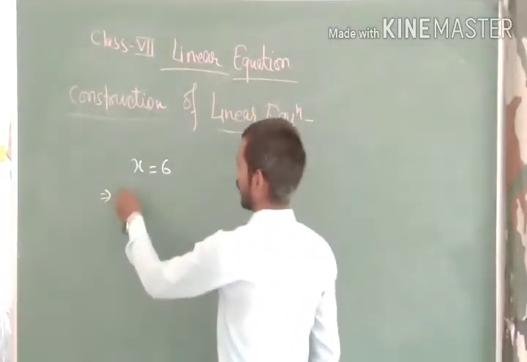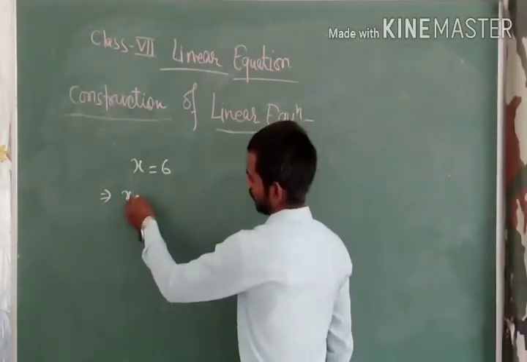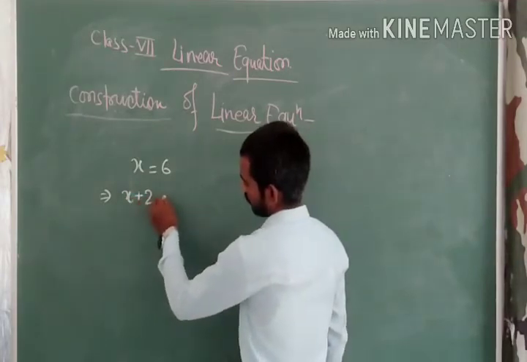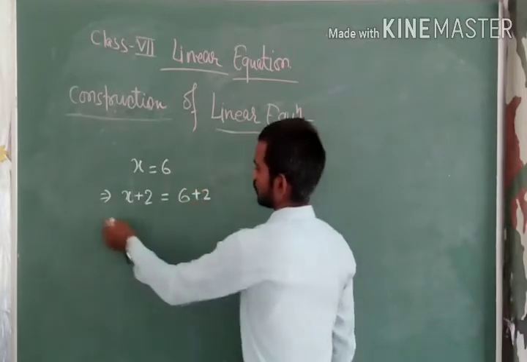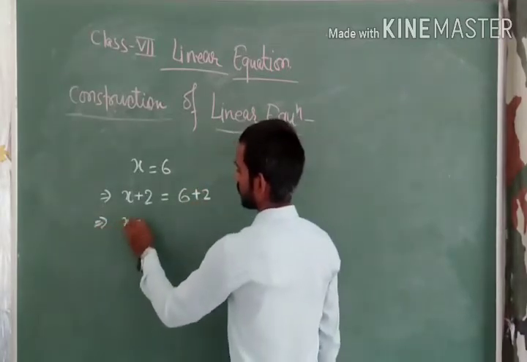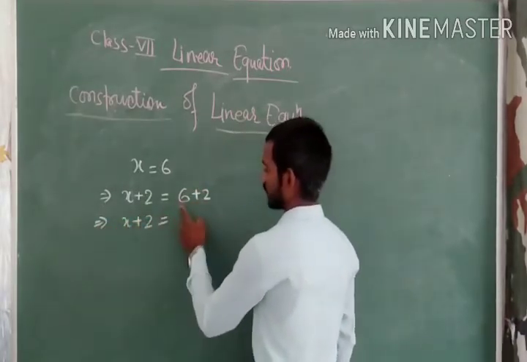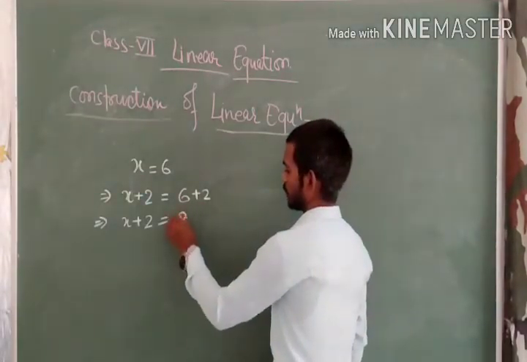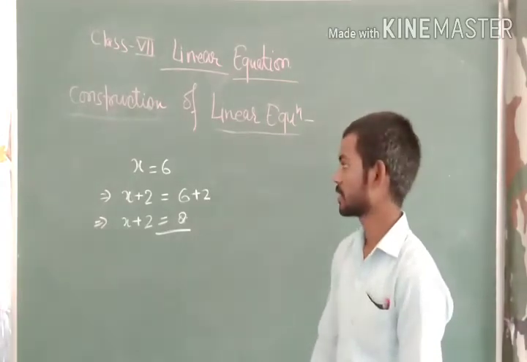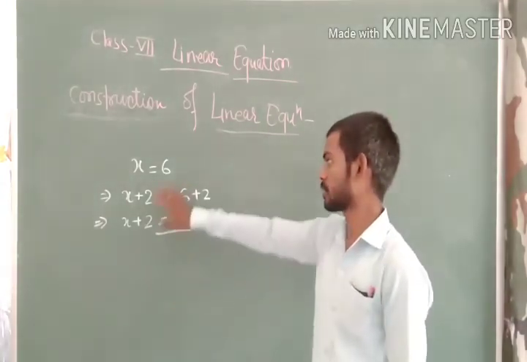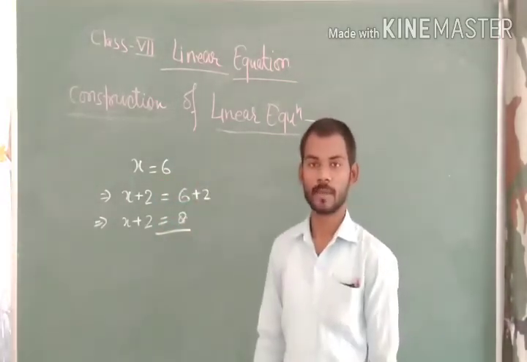So if I write x and I add 2, then this is equal to 6 plus 2. This implies x plus 2 is equal to 6 plus 2, which is 8. This is the required equation for which the value x is equal to 6 is given.